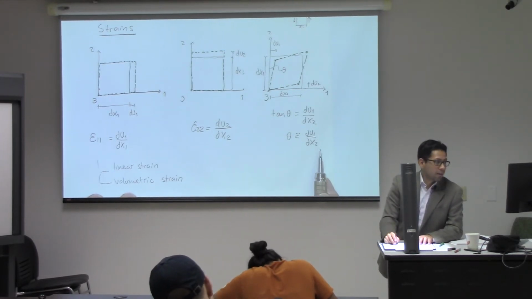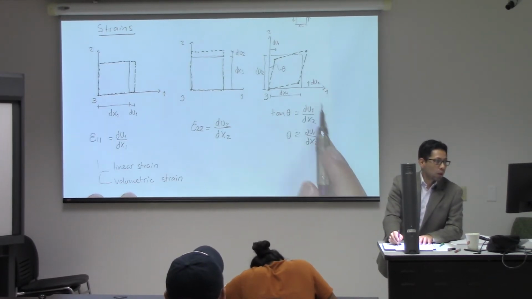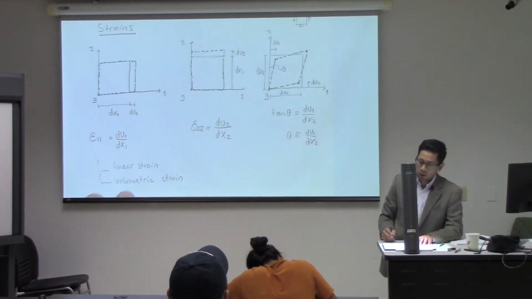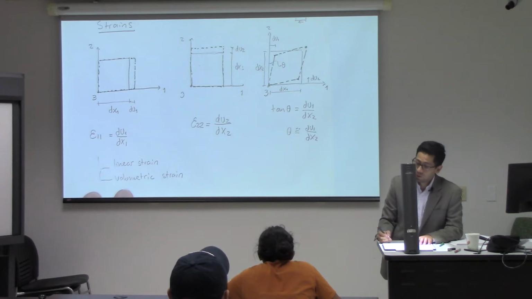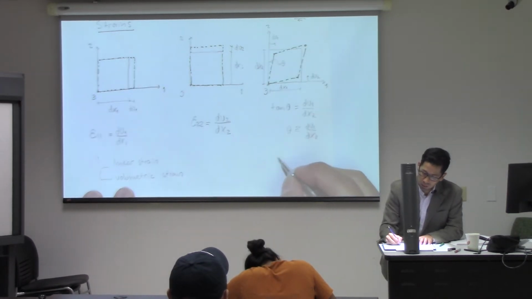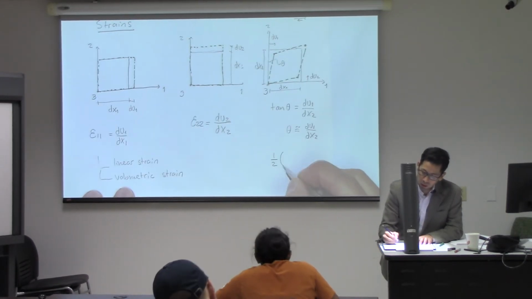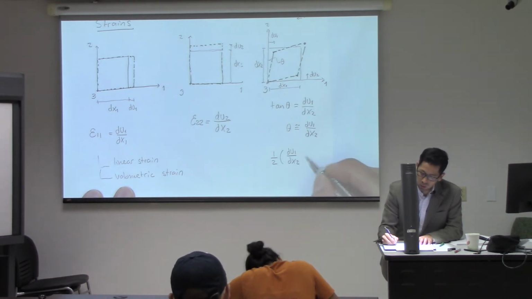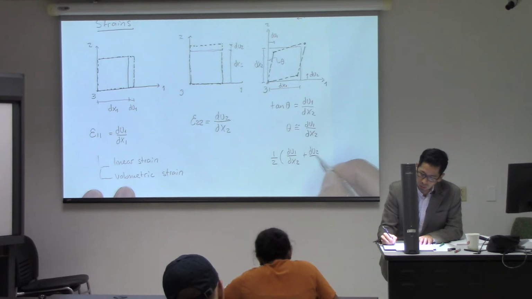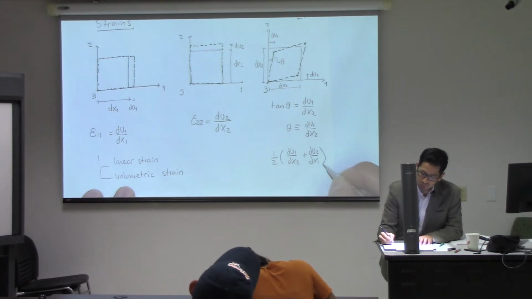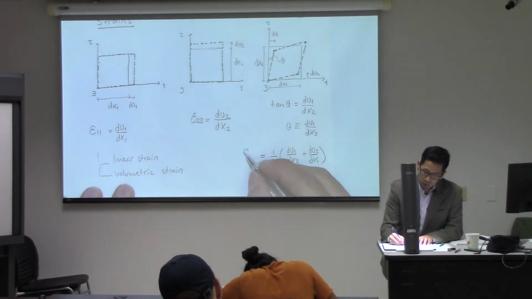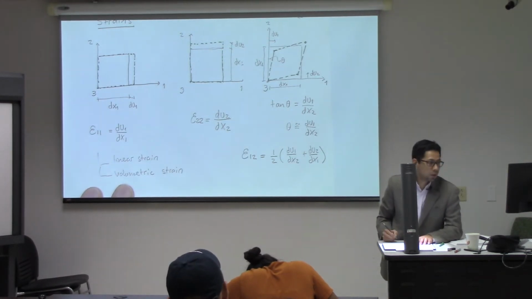So if I wanted to consider those two angles, which in this example are the same, I can take an average of that. I'm going to say that the average of du1 divided by dx2 plus du2 divided by dx1 is what I'm going to call the shear strain epsilon 1,2.